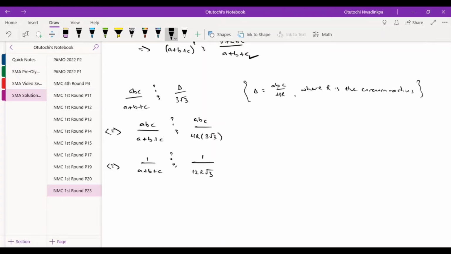So now those two are both positive, so we can safely cross multiply to give us that this is true if and only if 12R root 3 is greater than or equal to a+b+c. Now, right, so this is what we want to show.